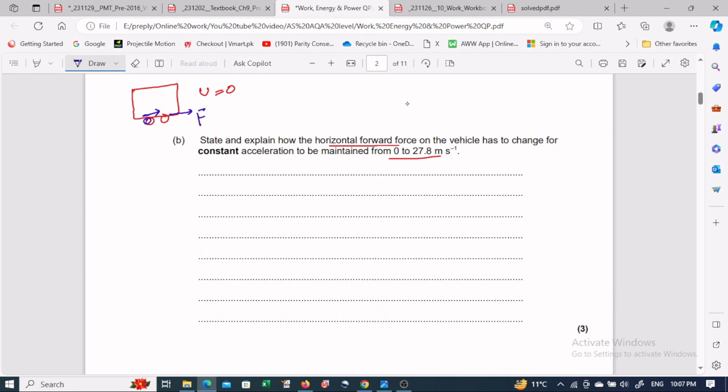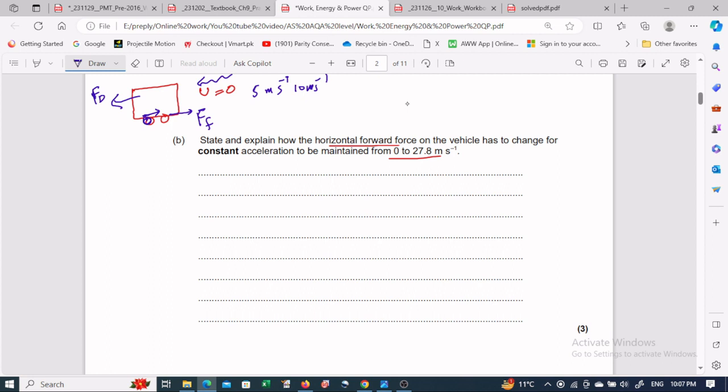When we increase the engine forward force, there must be a drag force, because as the vehicle moves, its velocity increases from 0 to some value, for example 5 meters per second, 10 meters per second. As long as speed increases, there must be an opposite drag force appearing on this side, because the vehicle is moving through the air. So there is a drag force that is opposite to the forward force.